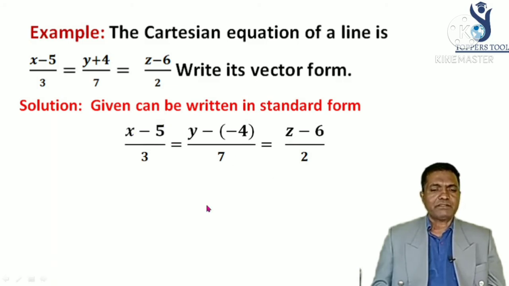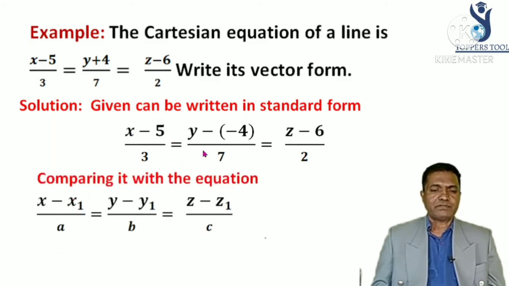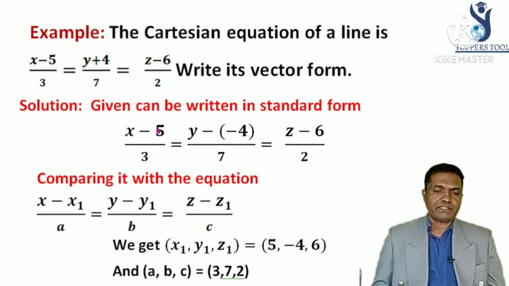So what are x1, y1, z1? This is your x1, this is your y1, this is your z1. Comparing this with the standard equation, you will get a, b, c as this. So we get x1, y1, z1 as 5, minus 4, 6 and a, b, c as 3, 7, 2.